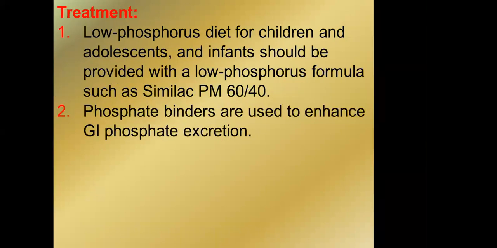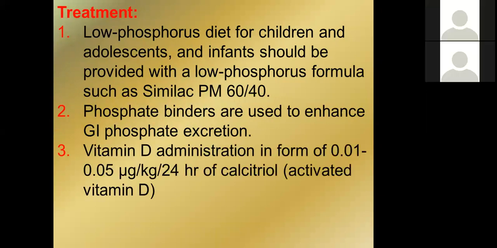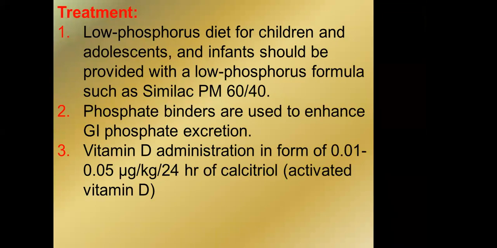Phosphate binders are used to enhance GI phosphate excretion, while vitamin D is administered in the form of 0.01 to 0.05 microgram per kg per 24 hours of calcitriol, which is activated vitamin D, 1,25 dihydroxycholecalciferol.